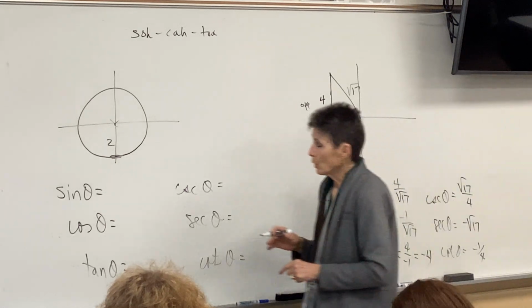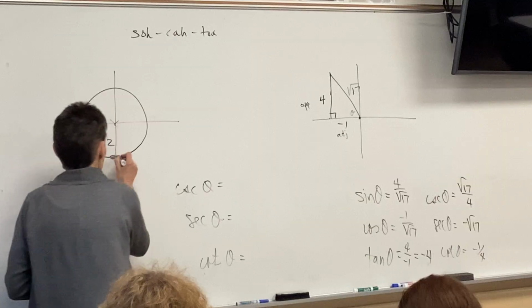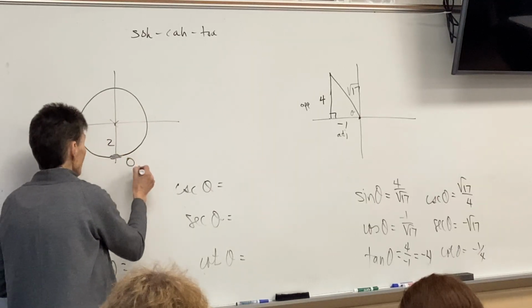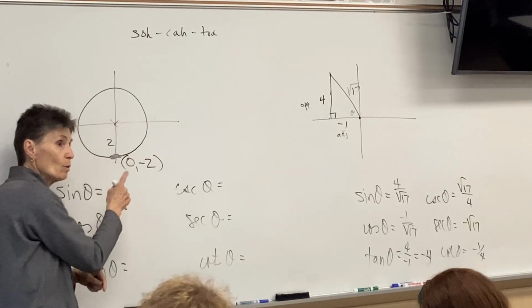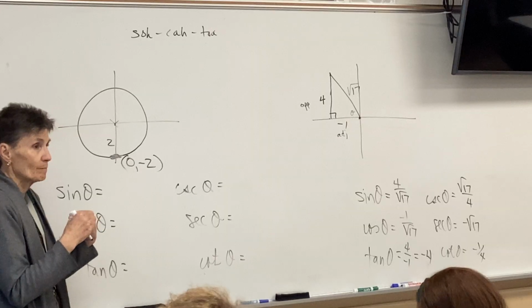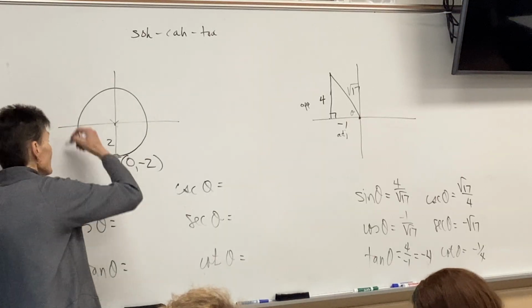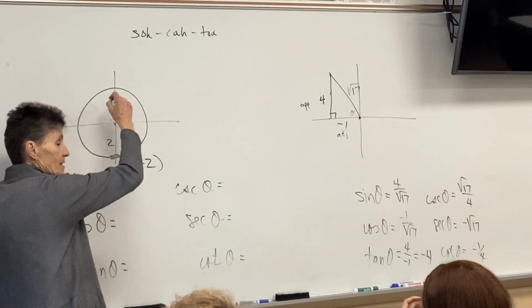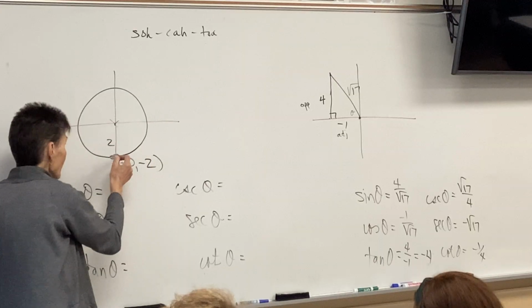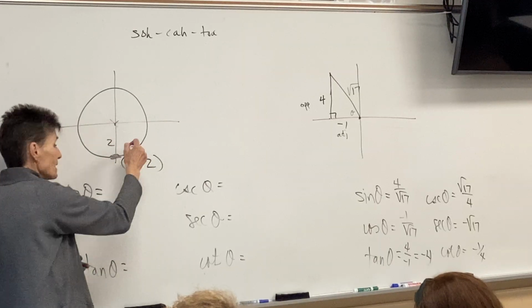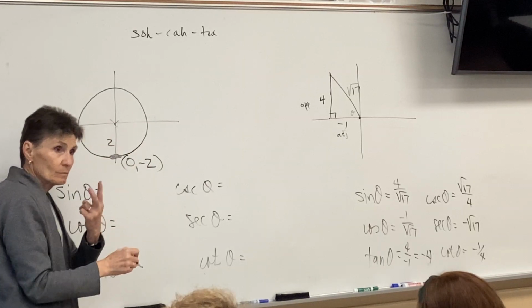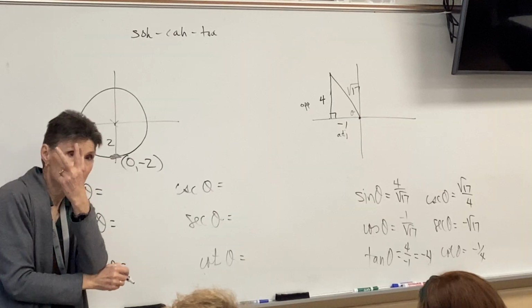Now, we know that the coordinates of this point are 0, -2. We know that, but we plotted it. What is the radius? I drew this circle through that point. What is the radius of that circle? 2. Isn't it 2?